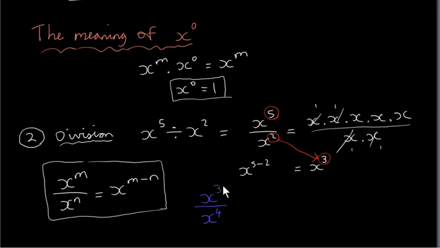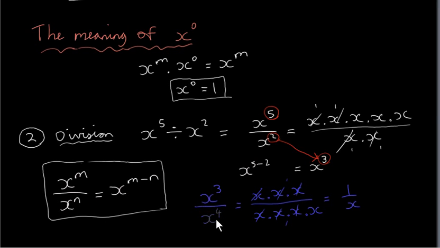Now what happens if the power on top is less than the power underneath? So m is less than n. So we have x cubed divided by x to the power of 4. Well, we can cancel these off, so we just have 1 over 1 times x. So we just get 1 over x.